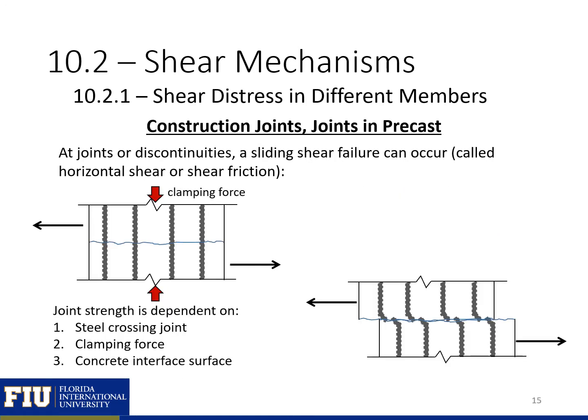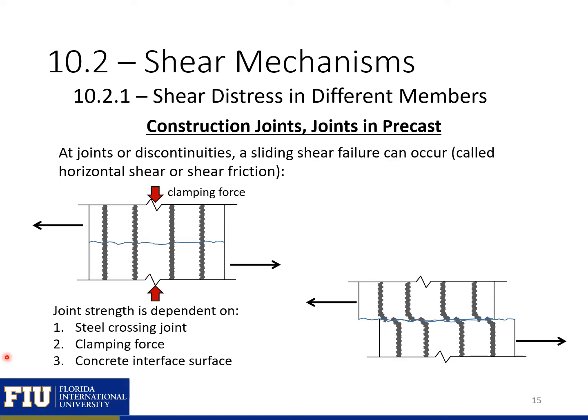We can also have a shear failure at any joints or geometric discontinuities in members. And at these points, we can have a sliding shear failure where we have the section slide relative to the other section, so a shearing along this plane. This is called either shear friction or horizontal shear if you're in beam members.